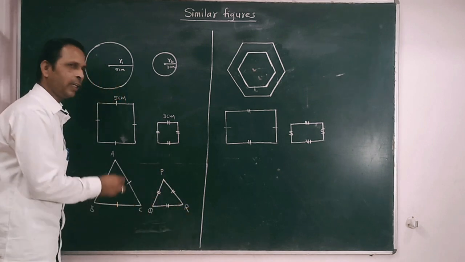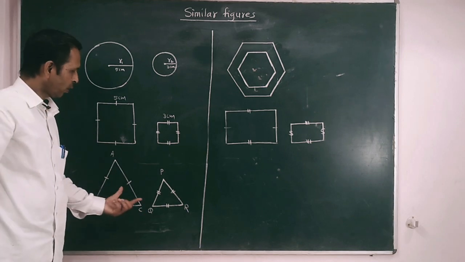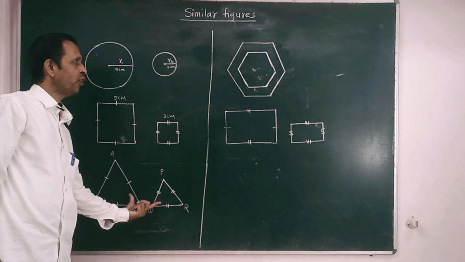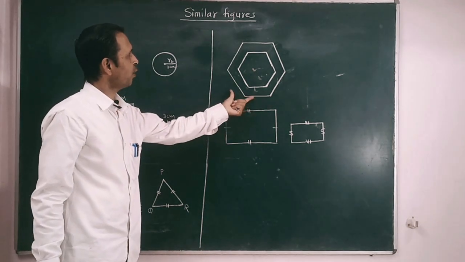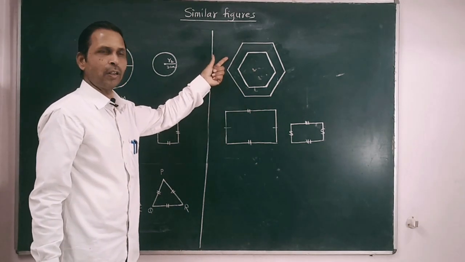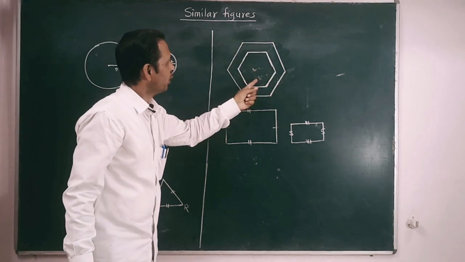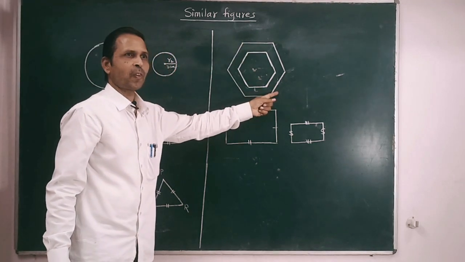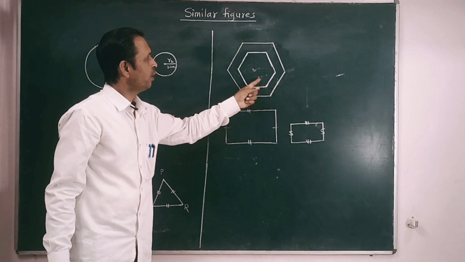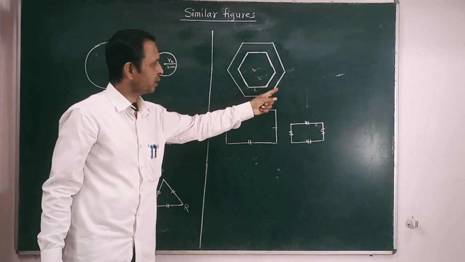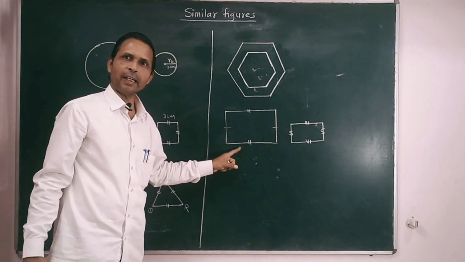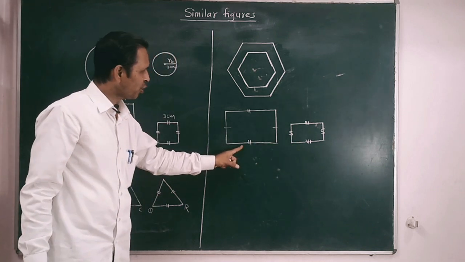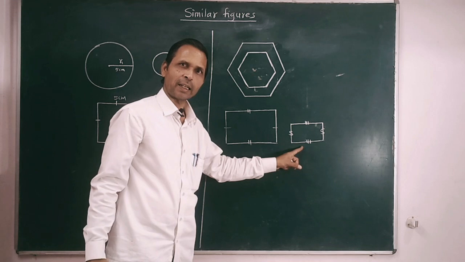Both of these are equilateral triangles. Observe these figures carefully. Again, these two figures are hexagons, having different lengths of sides. These two figures are rectangles. This is a rectangle and this is also a rectangle.